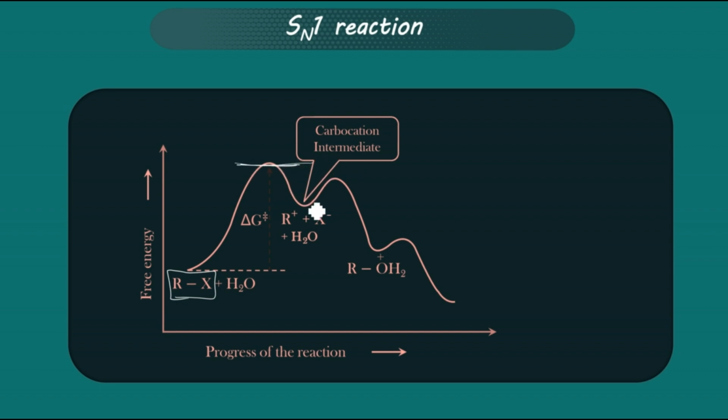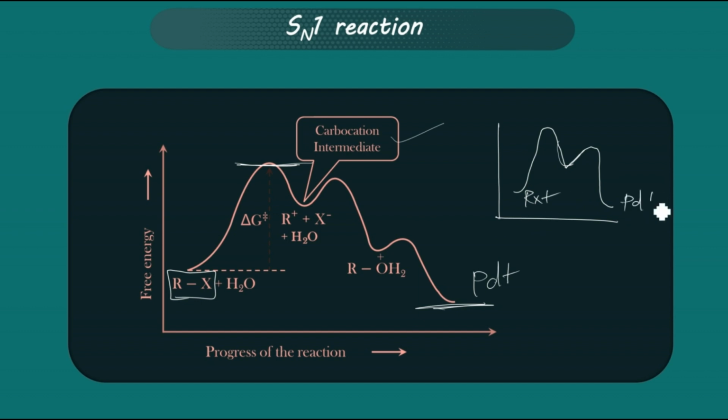So this is our carbocation intermediate, and then finally our product is formed. Cool. So this is a very important graph whenever they are asking about the SN1 reaction. Either they will give you the graph like this with the protonation step included, or they will give you the graph like this. Okay, this starts from the reactant and ends with the product. This bend is our carbocation.